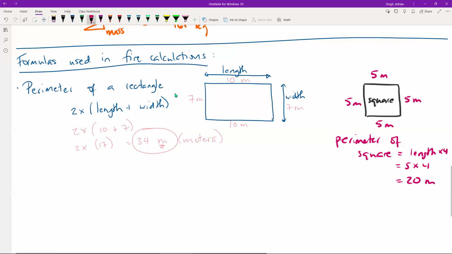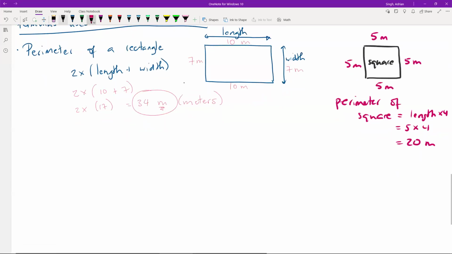Let's take this one step further. Let's say we wanted to determine the area of a rectangle. Again, you're doing your fire investigations. You need to figure out where this fire happened, what was the area of this room. Again, most rooms are rectangular or square rooms.